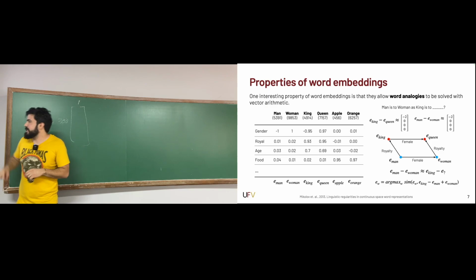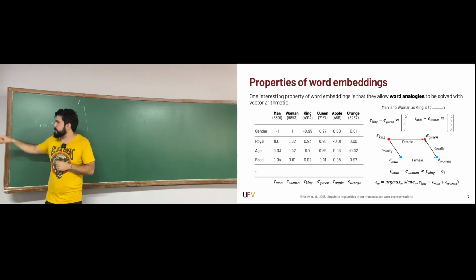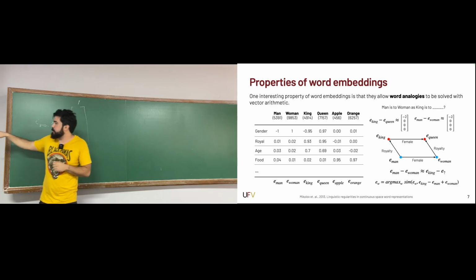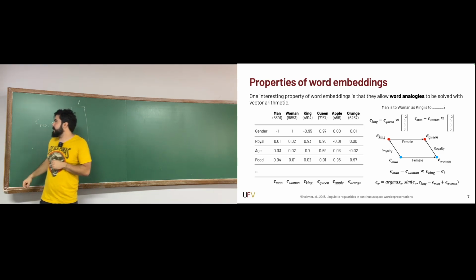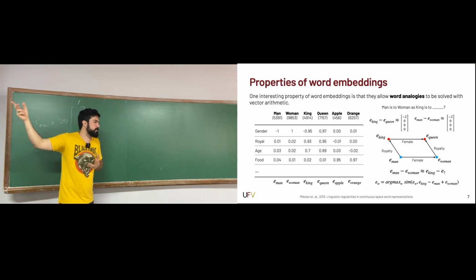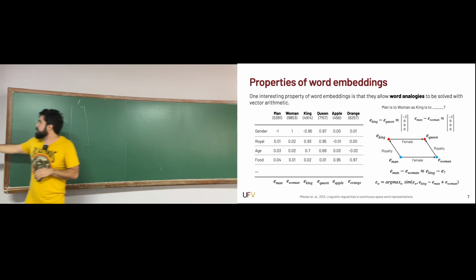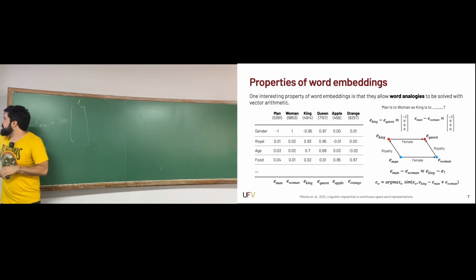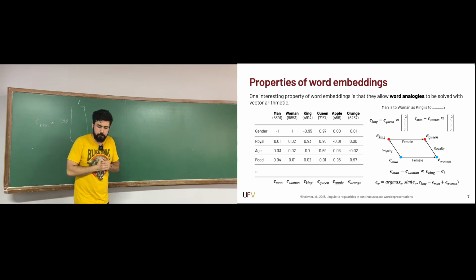I'm calling the word I'm looking for EW. That word is the word that maximizes the similarity between EW and E king minus E man plus E woman. I just passed E woman to the right side, isolating this variable EW here.